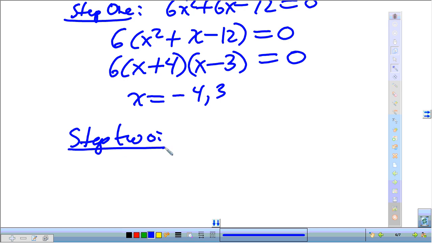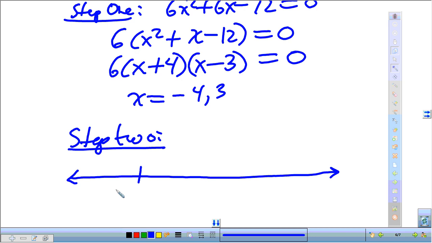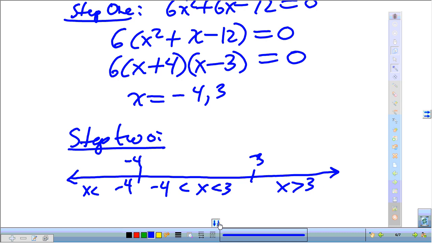So we move on. We now have our values. We can consider them on a number line. Minus 4 to 3. So we have intervals x less than minus 4, x between minus 4 and 3, and x bigger than 3.